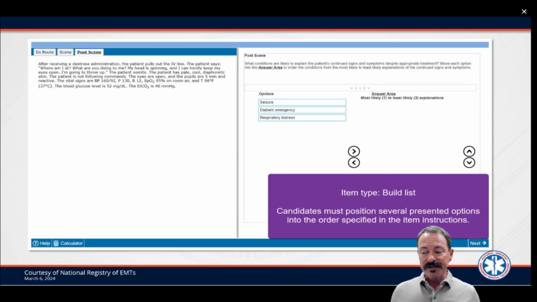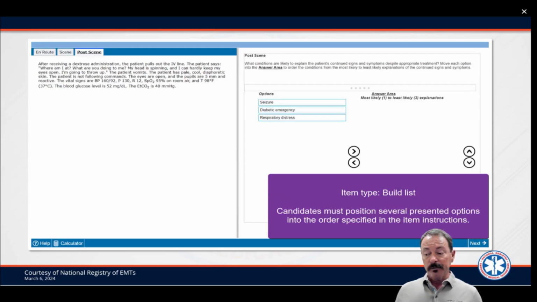Move each option into the answer area and order the conditions from the most likely to the least likely explanations of the continued signs and symptoms. And then they have selected up there seizure, diabetic emergency, and respiratory distress.